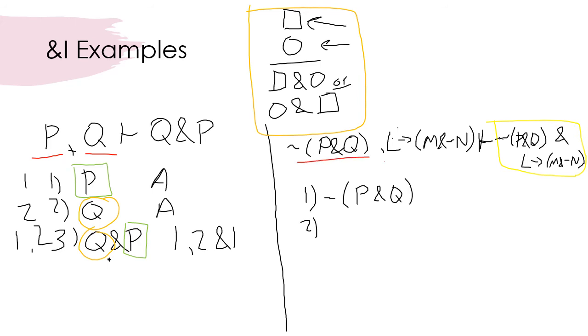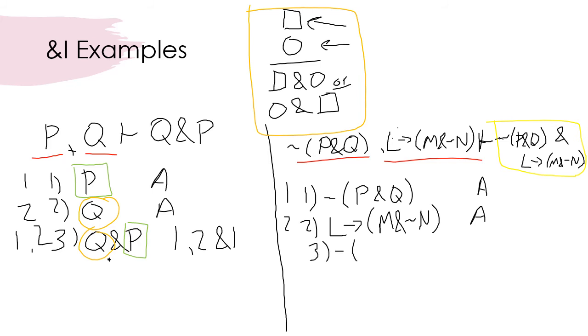Just as one premise. Here's another premise. And 1 and 2, they would both be assumptions because they're both our premises. And from these two premises, we can build our conclusion.